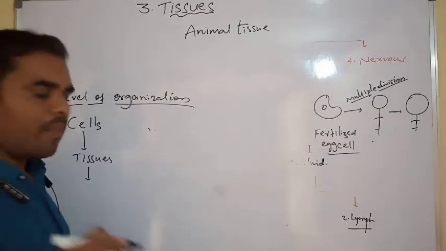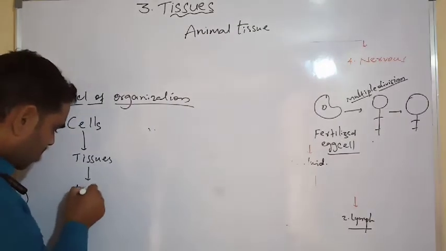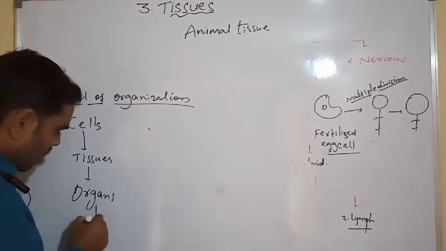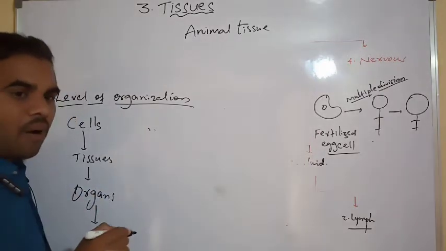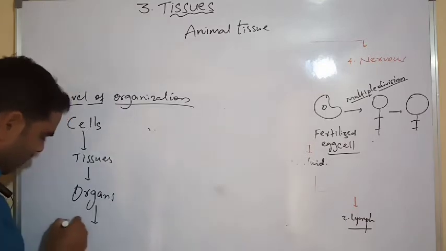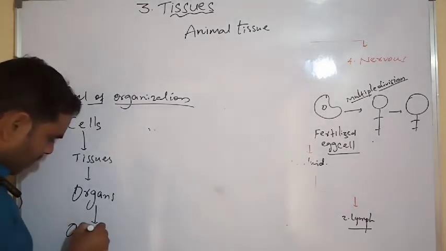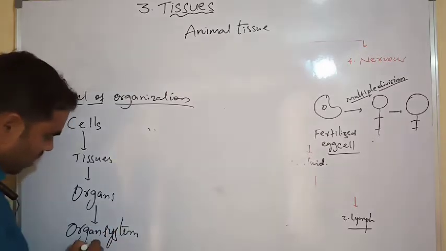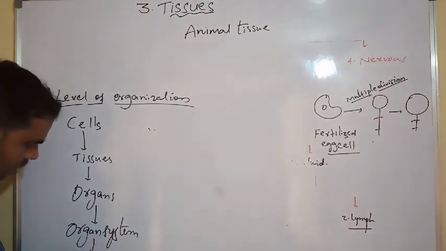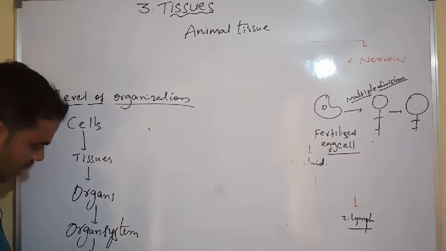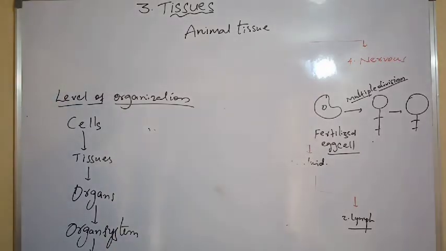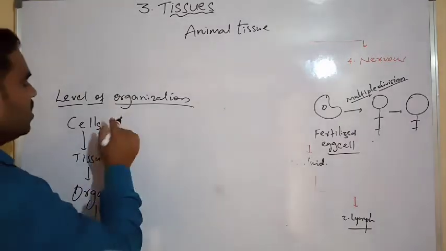Tissues together form organs. Organs together form organ systems. Organ systems together form an organism.